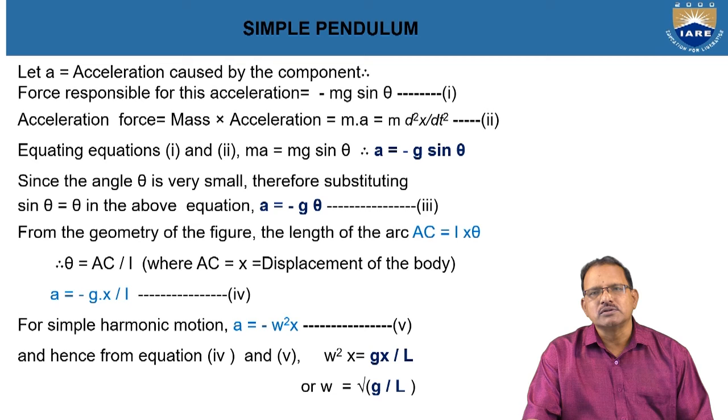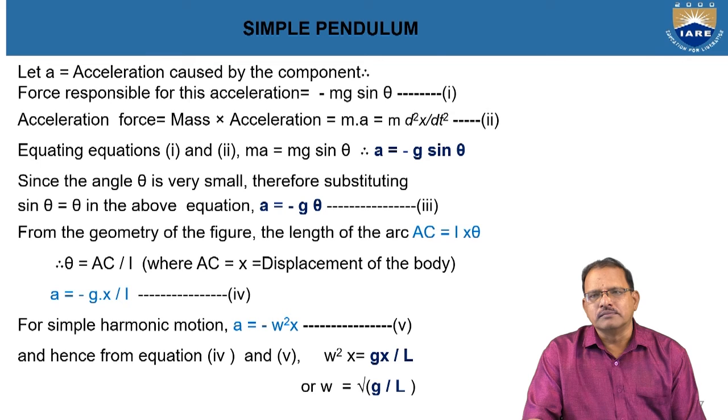So the restoring force is equal to m into A, which is given by minus mg sin theta. Now comparing these equations, ma is equal to minus mg sin theta, we get A is equal to minus g sin theta. This minus sign represents that the acceleration is acting in the opposite direction of the displacement.